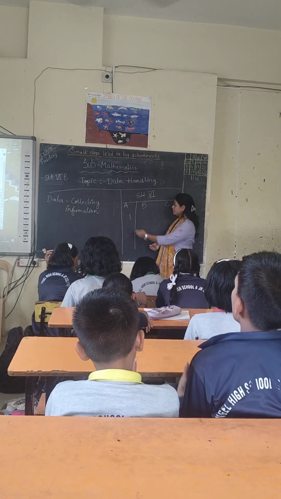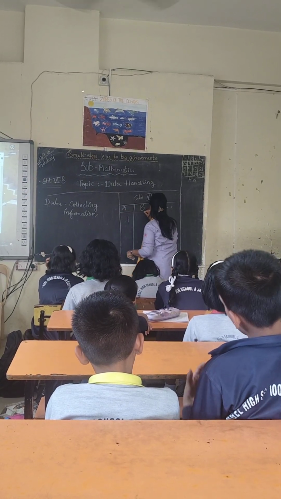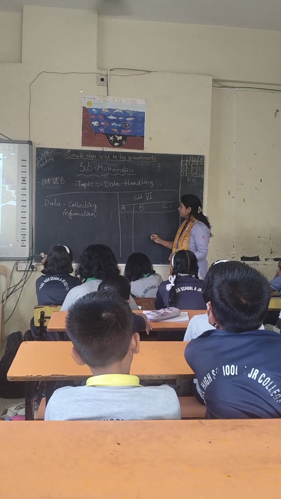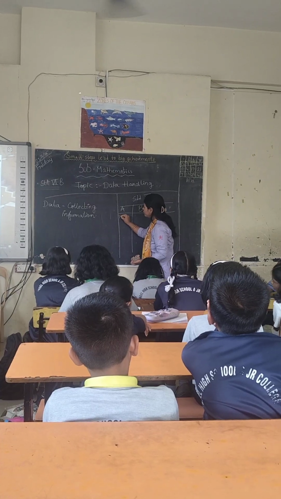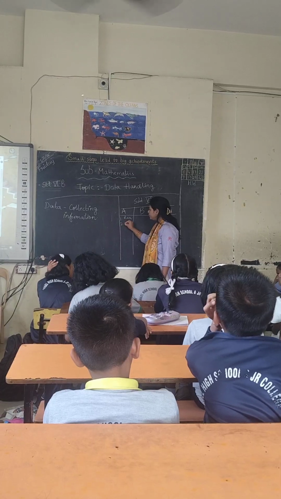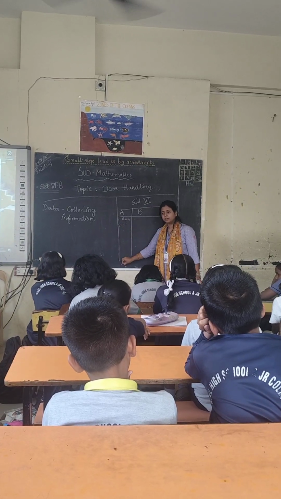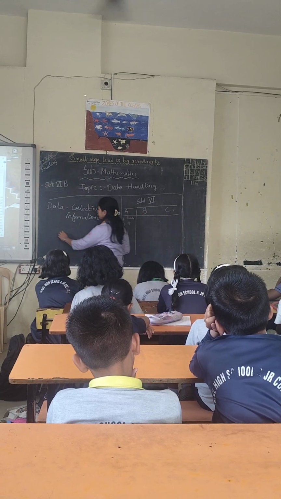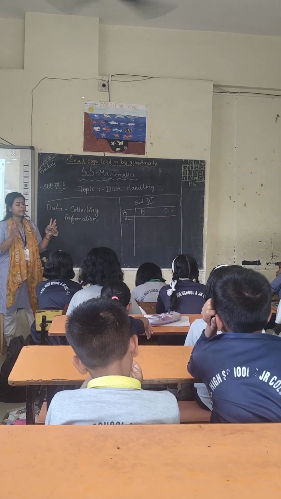Okay, so you are going personally to the teacher and you are asking for the numbers of the students. So here ma'am will give you roll number 1, whose name is something like Ram, then roll number 2, and like that you are collecting the data. Okay, so for collecting data you need to not write randomly.